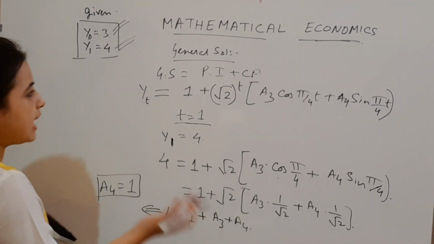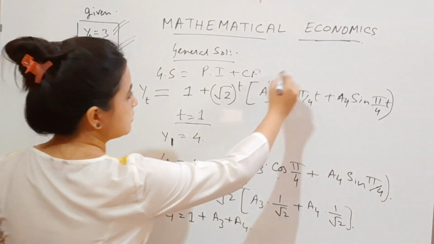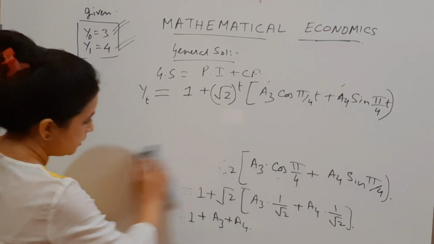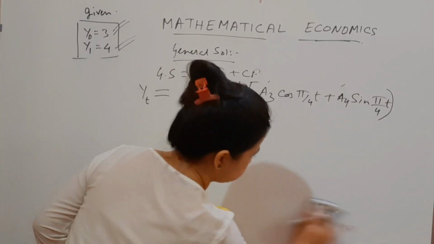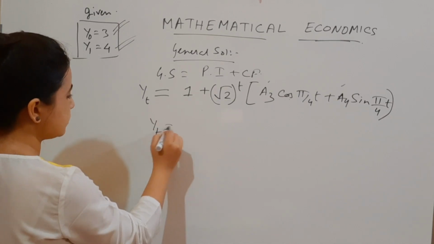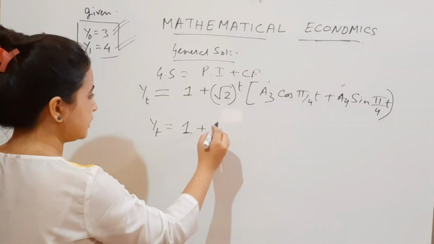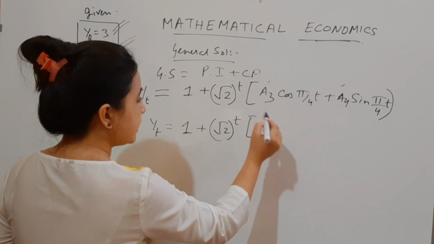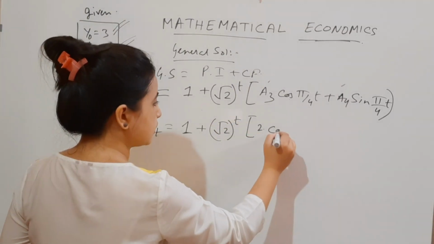That is it. So we have all the values and we are simply going to substitute them in the general solution. Okay. So this is our general solution and this is 1. This is root 2 to the power t. a3's value was 2, right?